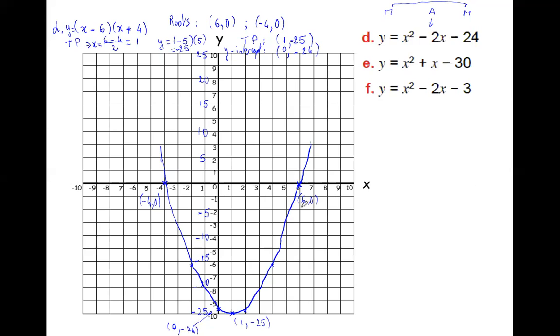So we've got 1, 2, 3, 4 points, enough to sketch it. Okay. So it's tedious, but you'll get there eventually.